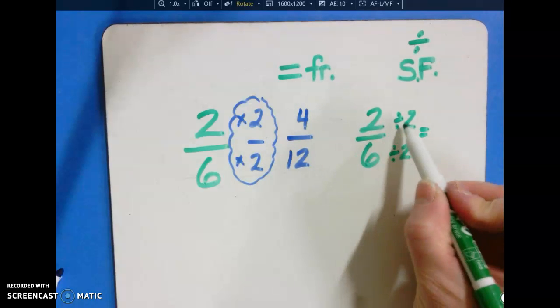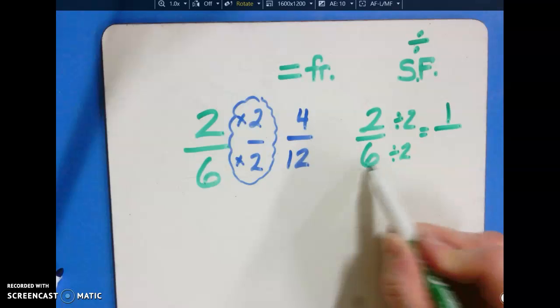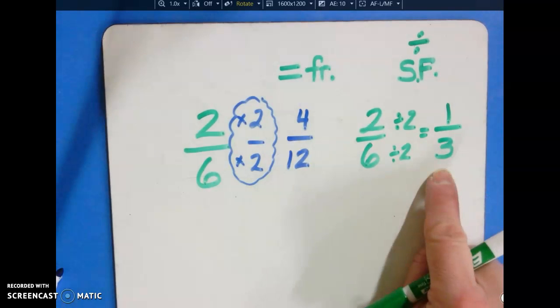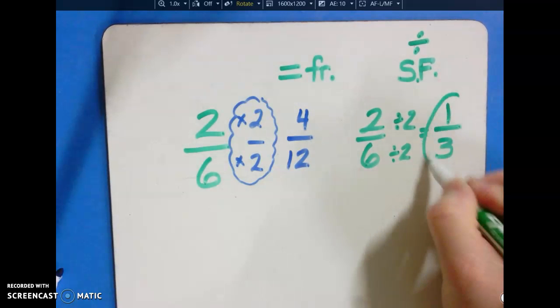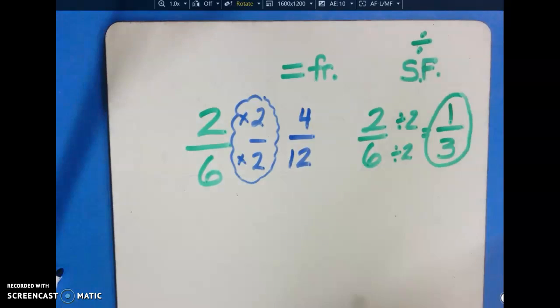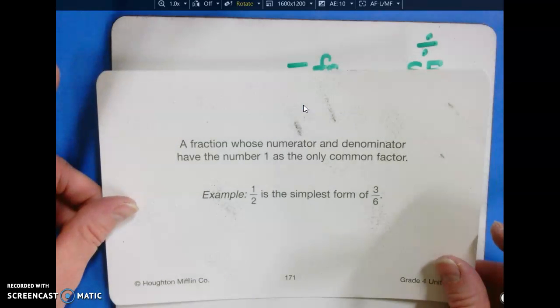Any number divided by itself is 1. 6 divided by 2 is 3. So 2/6 put in simplest form is 1/3. I know I'm in simplest form because sometimes if I have a 1 in my numerator, I know I have a simplest form fraction, because by definition, a simplest form fraction is a fraction whose numerator and denominator have the number 1 as the only common factor.